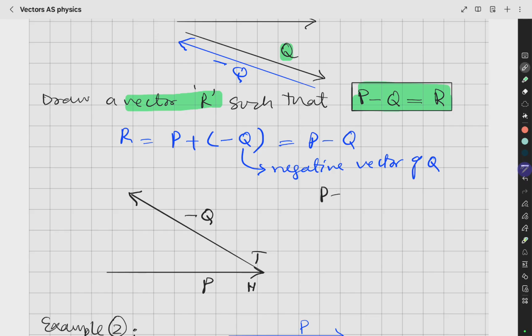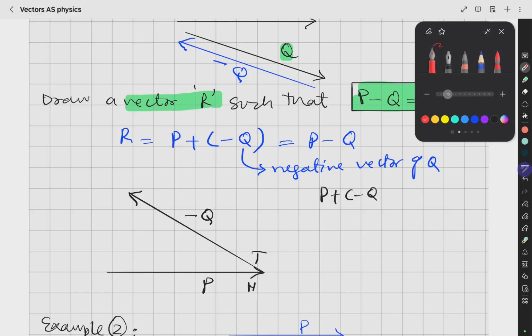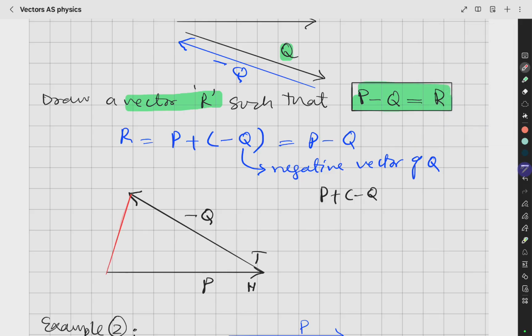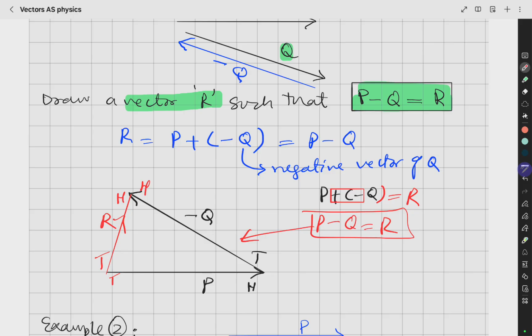So you say P plus minus Q and then you have to make their resultant. The resultant is this one, because the resultant is always tail tail head head. So this is your resultant, equal to R. So you can say P plus minus Q, that is P minus Q, is equal to R. This is the diagram for that.